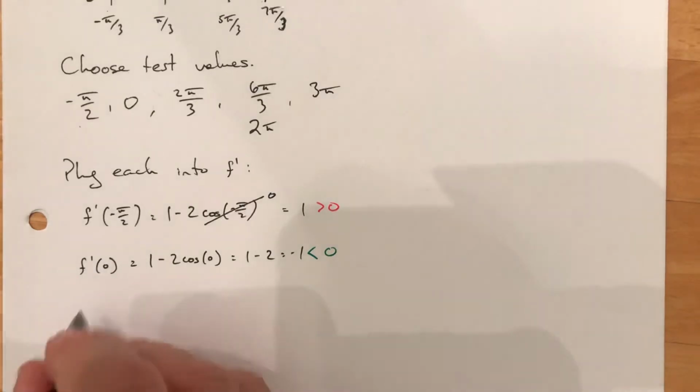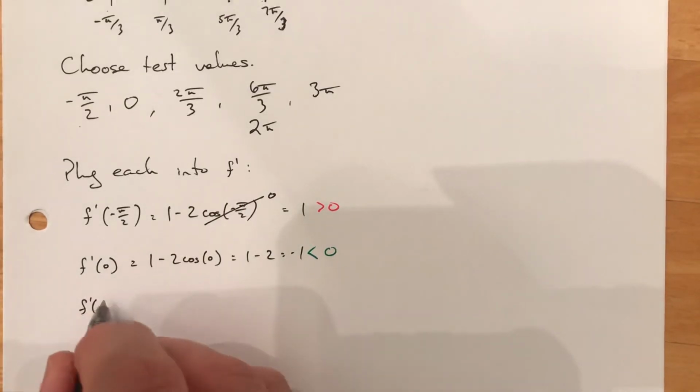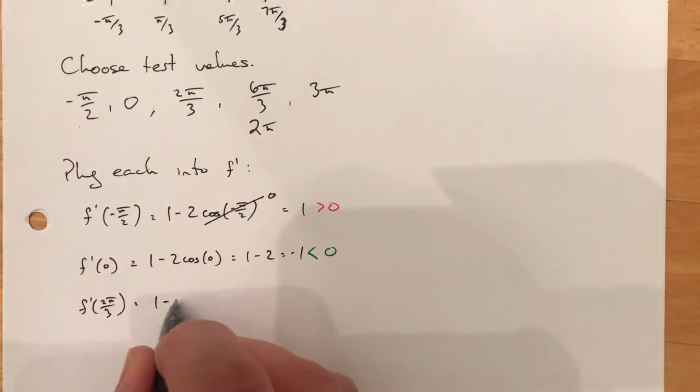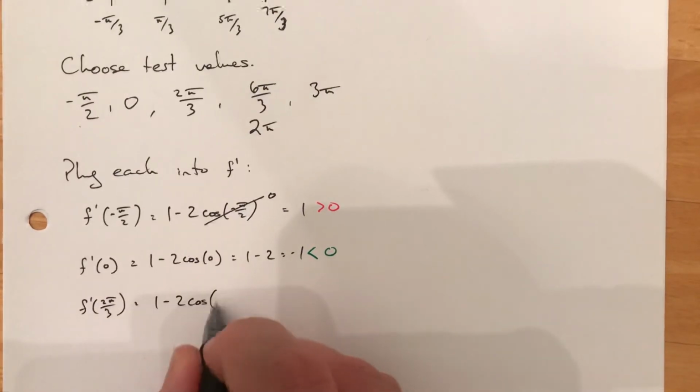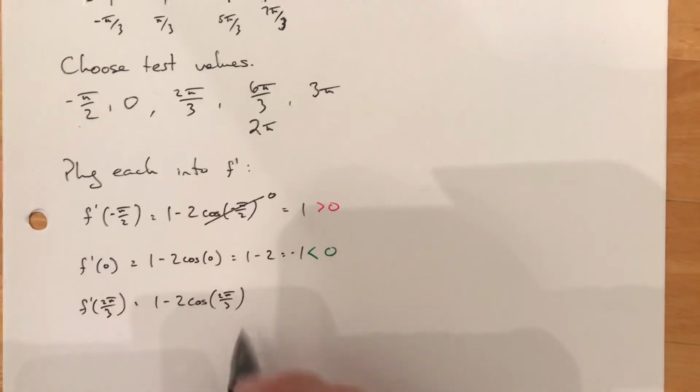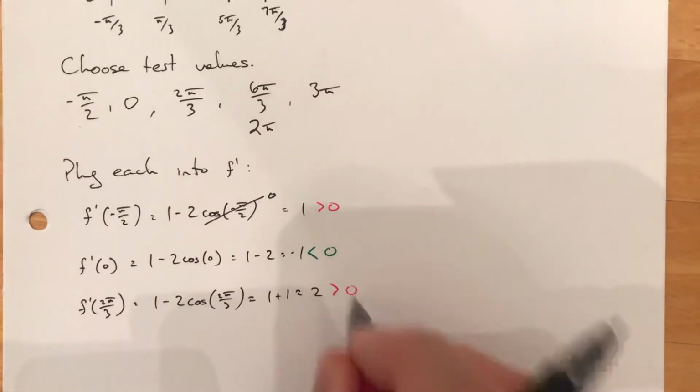We continue. F prime of 2 pi over 3 is 1 minus 2 cosine of 2 pi over 3. Cosine of 2 pi over 3 is negative a half. Multiply that by negative 2, and we get 1 plus 1 is 2, which is positive.